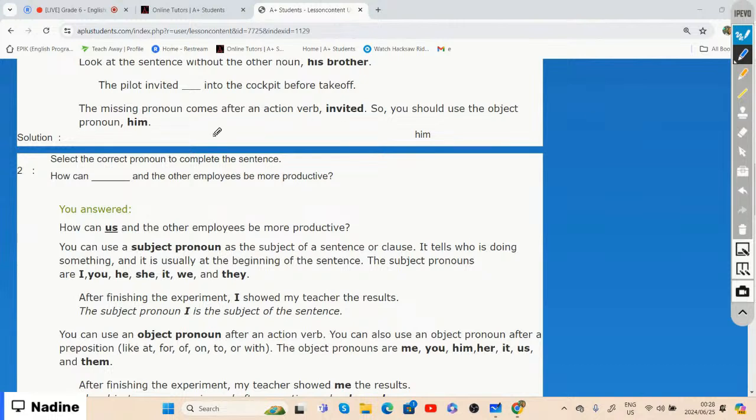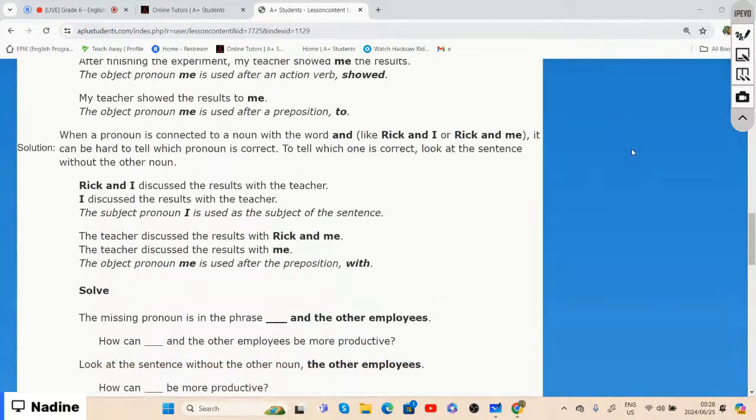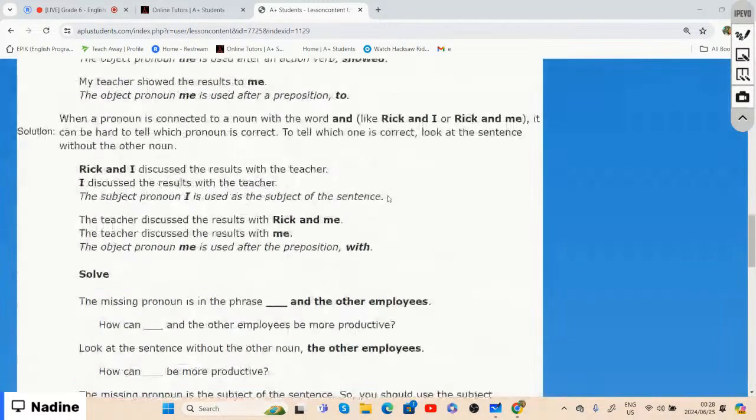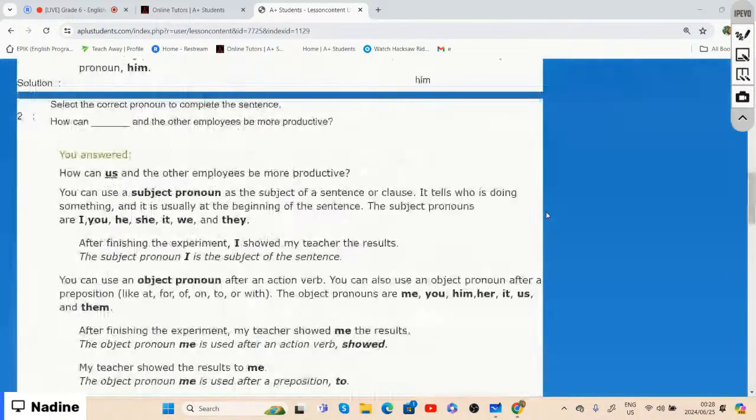So we can say, how can we and the other employees be more productive? Because we are referring to us, all of us being productive. So we is our subject pronoun.